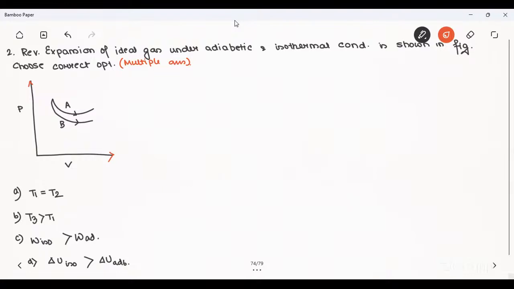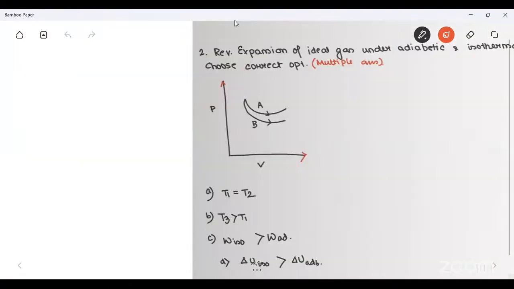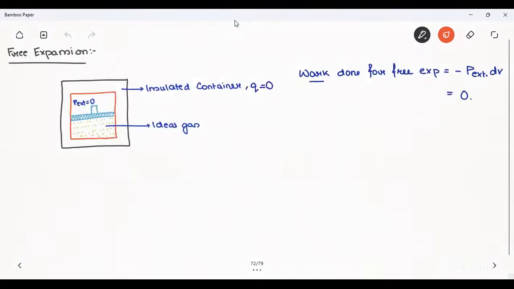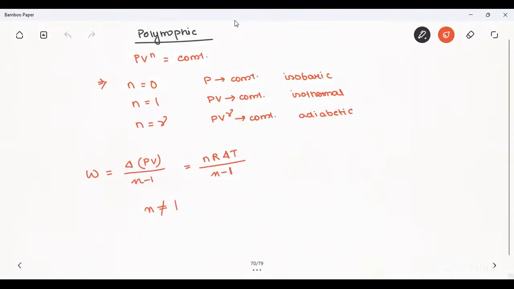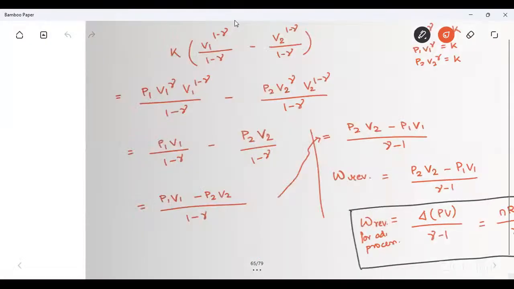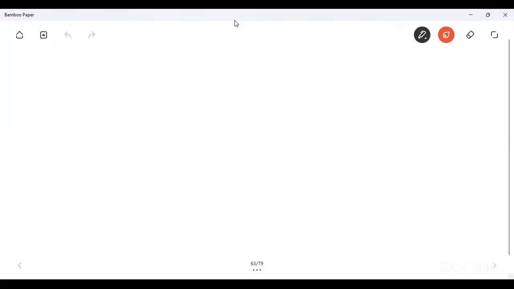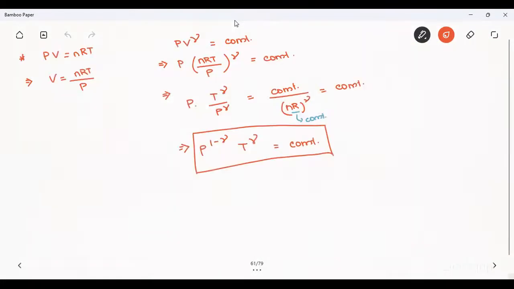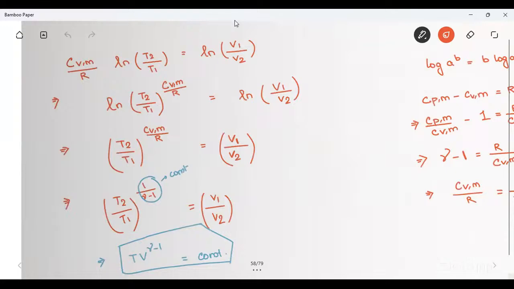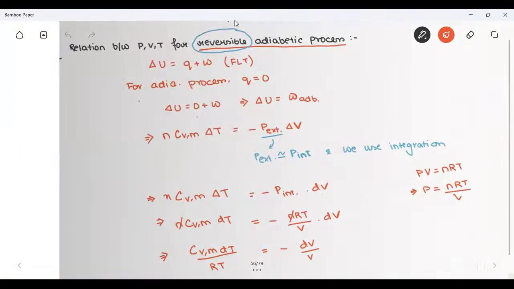And I told you I will explain later why the curve above is the isothermal curve and why the curve below is the adiabatic curve. Did you remember? Or else I have to scroll. I told you in the last to last class, before starting the degrees of freedom. Let's just see. Yeah, I told you. But where is it?